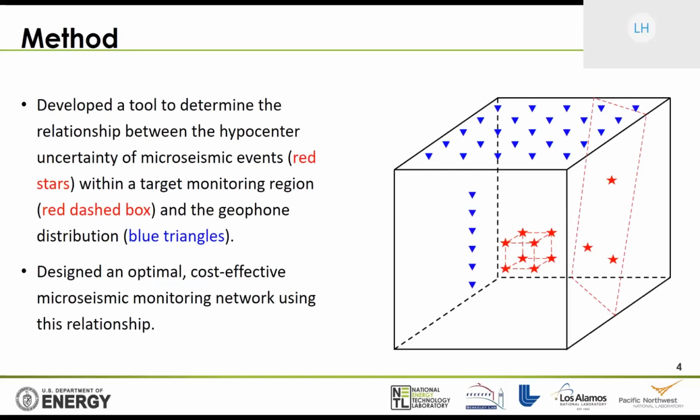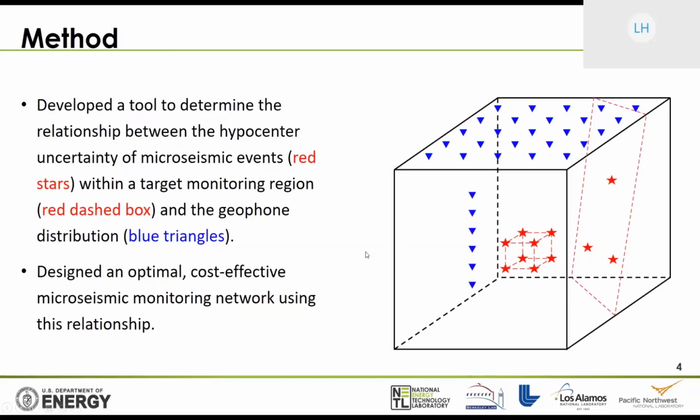So the method basically, what we do is we develop a tool to determine the relationship between the hypocenter uncertainty of a microseismic event, shown here on the right, for example in the reservoir area, and the target monitoring region, which you define.